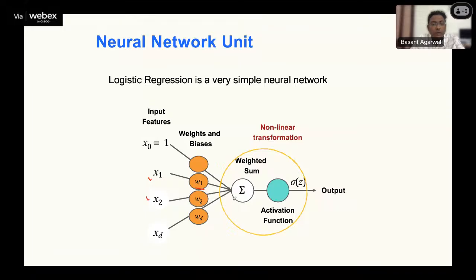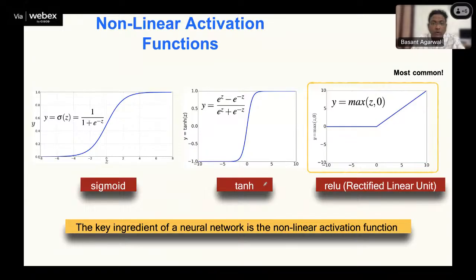The first step is to take the weighted sum and pass it to the activation function. The activation function is for non-linearity, and then we get the output. We compare it with the actual output, and based on the error we find using the cross entropy loss function, we backpropagate and then update the weights. So that is the process which we follow.